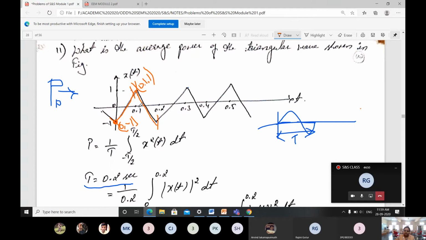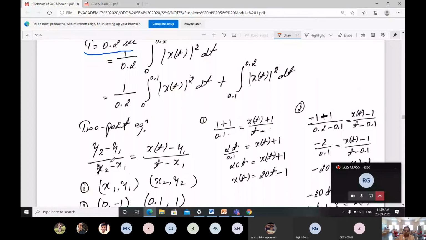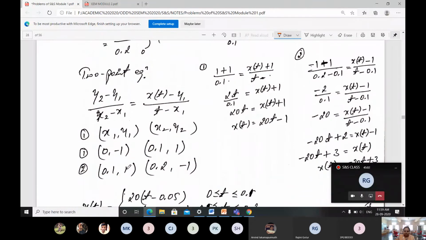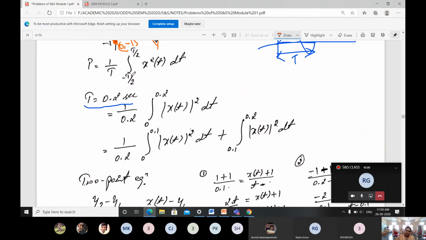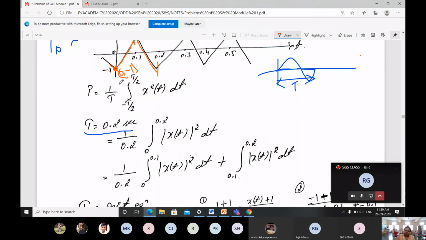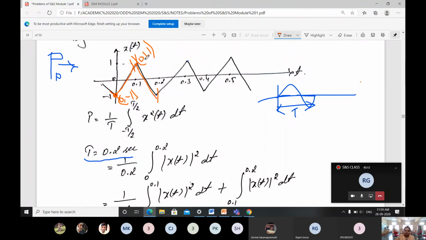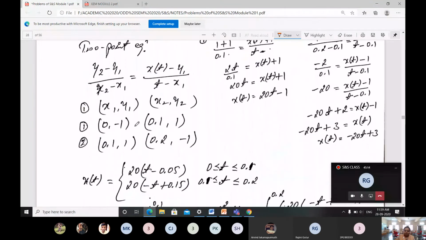For that reason x-axis is 0.1, y-axis is 1. Here x-axis is 0 and y-axis is minus 1. Directly here I wrote the equation, that is x1 y1 x2 y2. For this line it will be taken as 0 comma minus 1 and 0.1 comma 1.